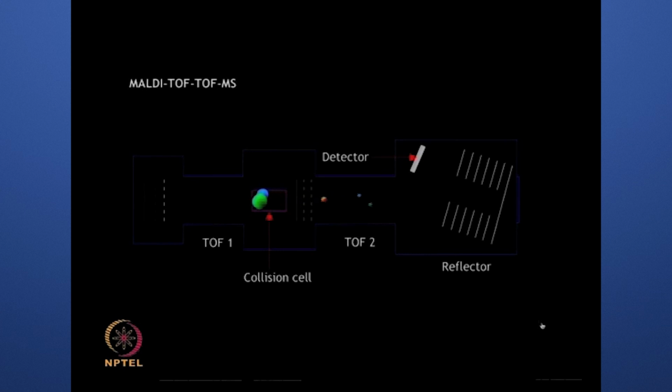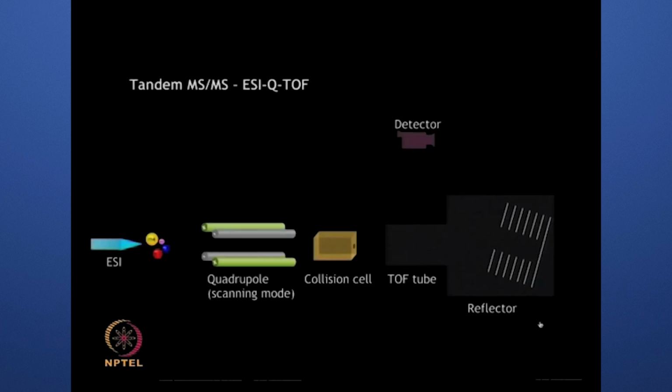The selected ions enter the collision cell, where they are further fragmented, and these fragmented ions are accelerated and further resolved on the basis of their m/z values in the second TOF flight tube, TOF 2, after which they can be detected.